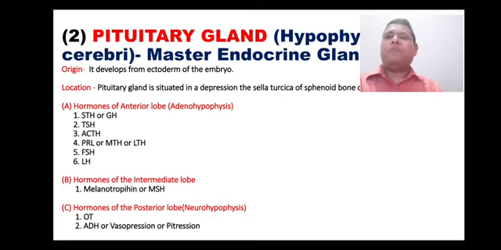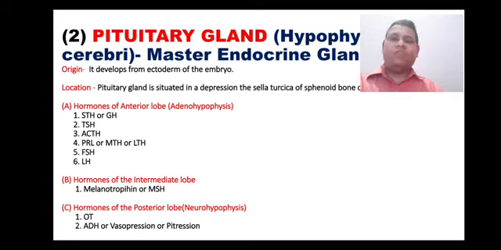Because of its role, oxytocin is called the birth hormone or milk ejecting hormone. Synthetic oxytocin, called pitocin, is given to cows and buffaloes to get more milk. The target cells are the cells of the mammary glands.